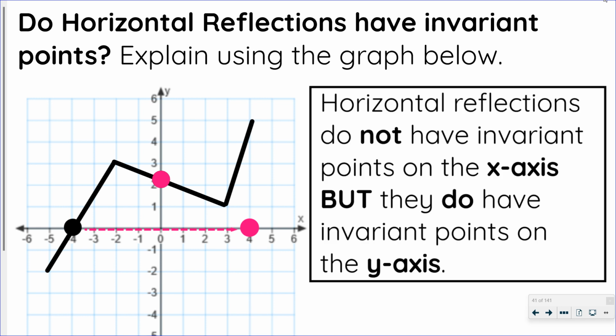In terms of horizontal reflections, they do not have invariant points on the x-axis, but they do have invariant points on the y-axis. Why? Because that is the line of reflection. So when it comes to horizontal reflections, y-intercepts will always be invariant points.